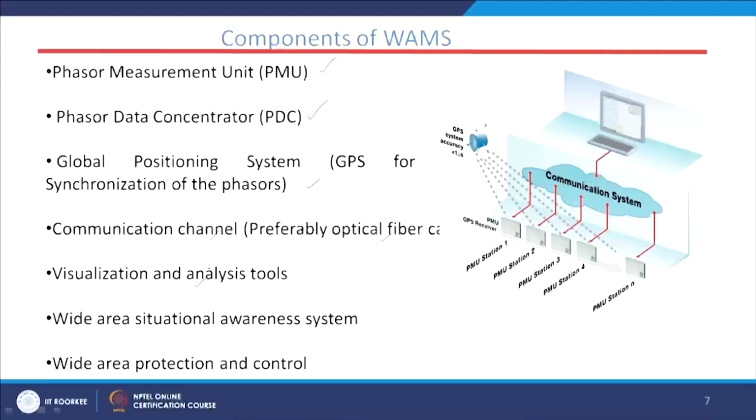Next is the visualization and analysis tool. This is of course necessary, because after getting the data, we have to keep it in a certain form so that we can visualize what is happening in our whole network, and also analyze how we can improve or control the equipment present in the system.